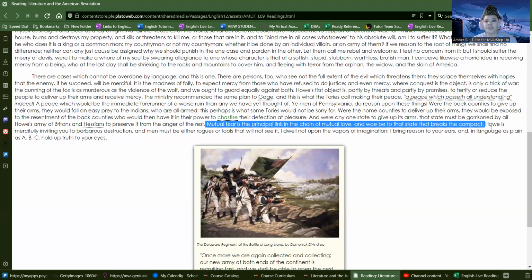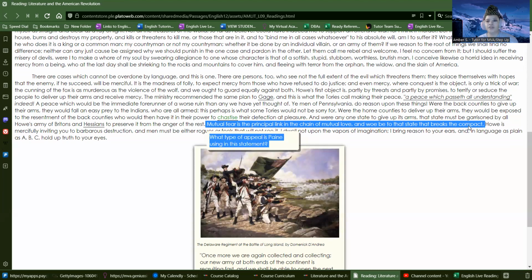And woe be is like sadness or melancholy, right? So woe is kind of like just bad times, depression, right? So woe be to that state that breaks the compact. And compact is like an agreement, right?